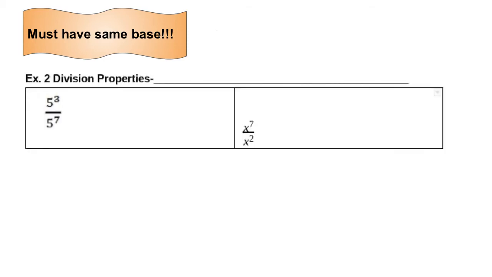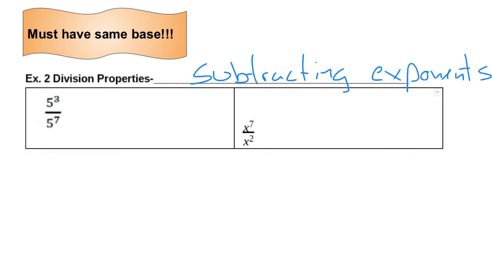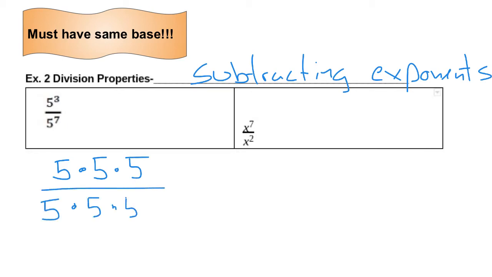If we look at example 2, the division properties, what we're going to be looking at with dividing is that we are going to be subtracting exponents. So if you look at 5 to the 3rd over 5 to the 7th, if you think about what that really means, 5 3 times in the numerator, and if we have 5 7 times in the denominator, 1, 2, 3, 4, 5, missing 1.